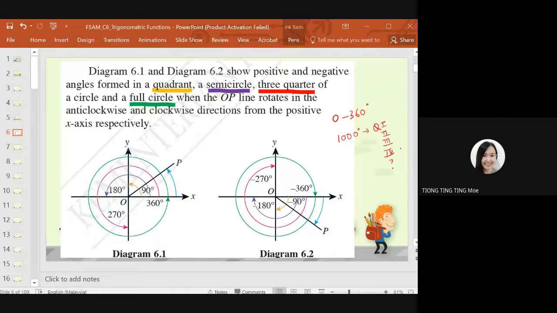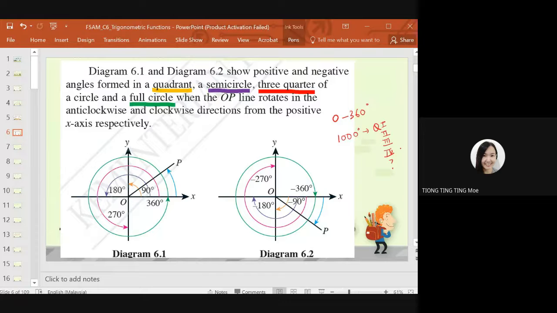Where is it? Can you guess? Quadrant 5? No. 1000. I think it's quadrant 3.